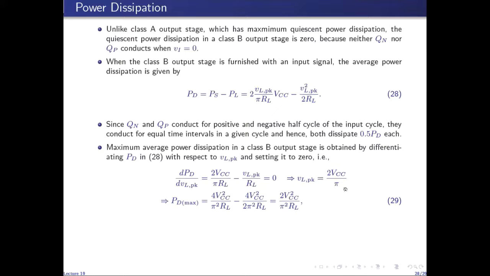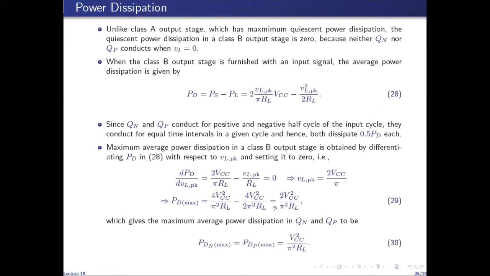So when VL peak is equal to 2 VCC over pi, we have maximum average power dissipated in the class B output stage, where the average is taken over the full cycle of the input signal. Putting this VL peak back into the expression, the maximum average power dissipated is 2 VCC square over pi square RL.